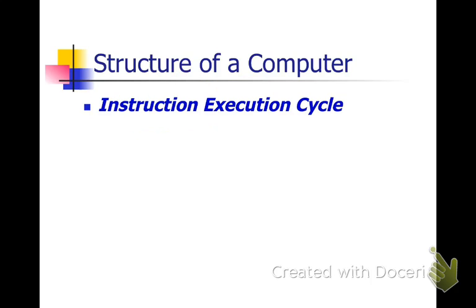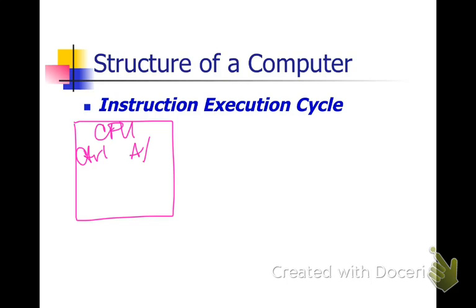Okay. The instruction execution cycle. Let's do as much of this as we possibly can. Let me just say, let's draw some things first. I want to draw the CPU, and I've got a control unit, I've got an ALU, and then I've got some registers.